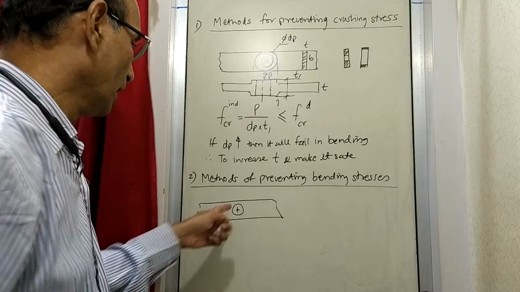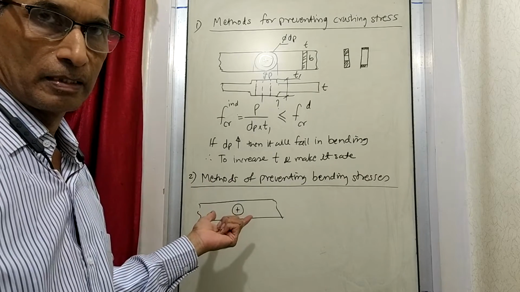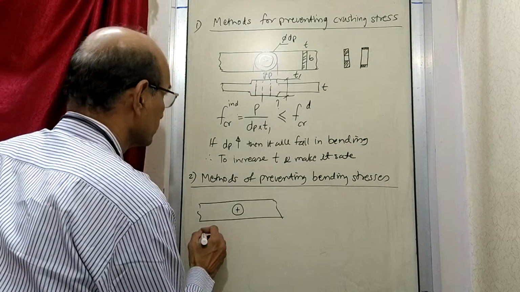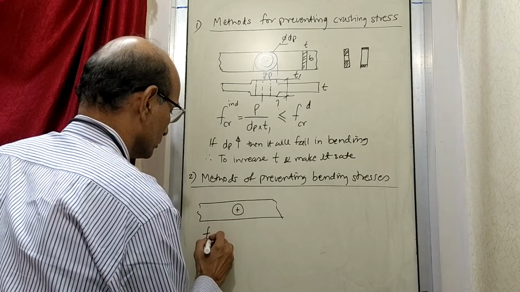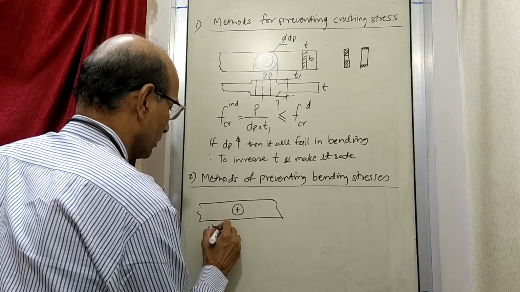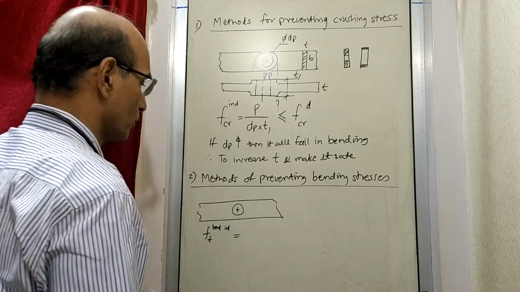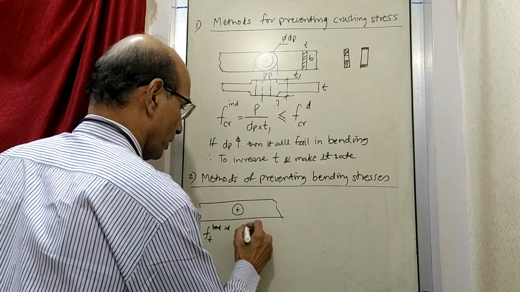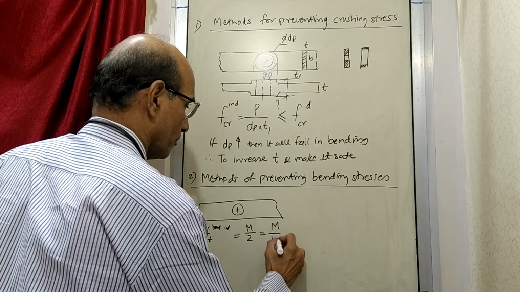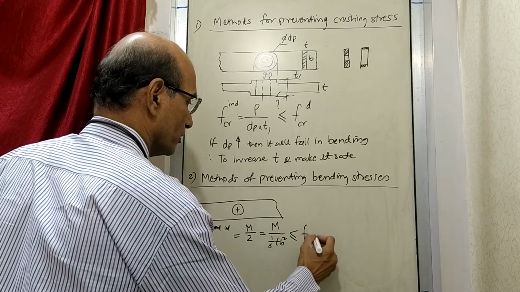So the lever at this place, let's say there is a bending stress which is exceeding and we want to improve. F_T bending induced is equal to M by Z. And this should be less than design.